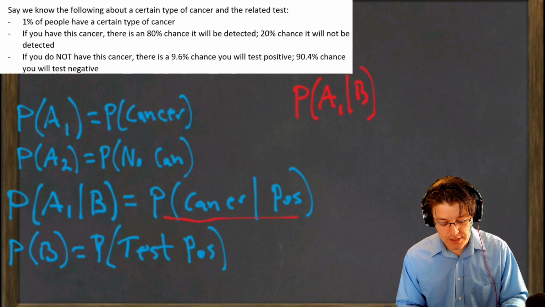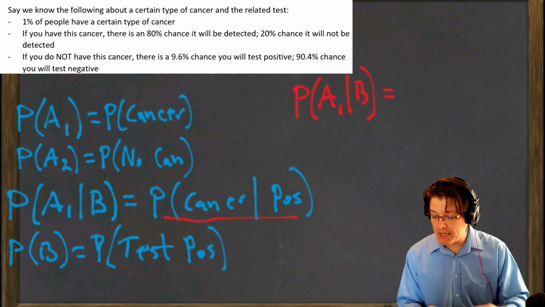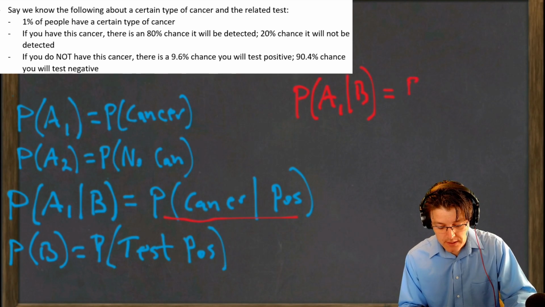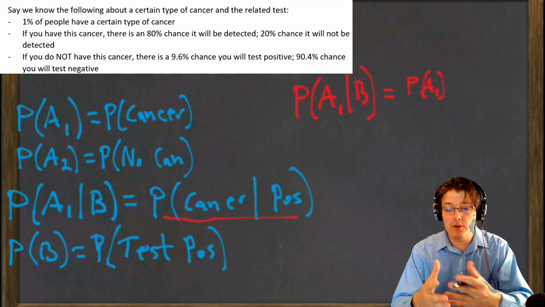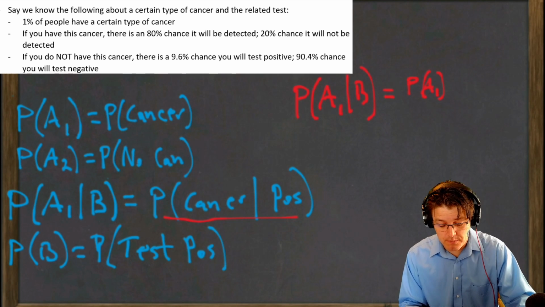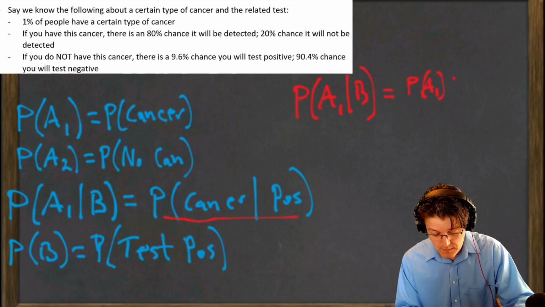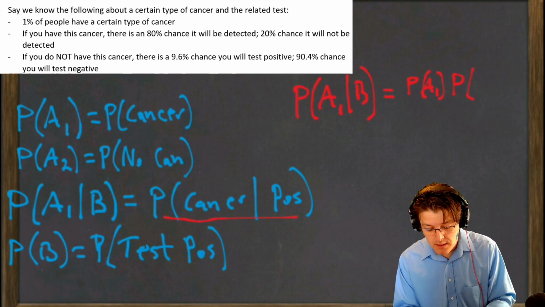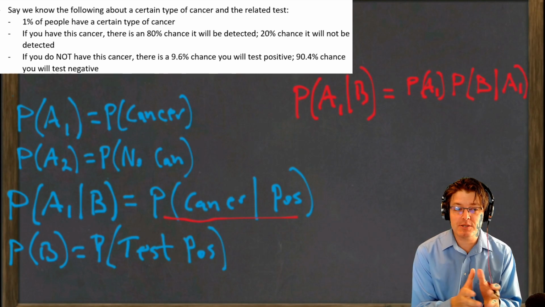Okay, so it turns out, and we'll talk about some of why this is the case, that is equivalent to the probability of A1, the probability that randomly you had cancer, or your prior probability, right? So the probability that any person had the cancer, times the probability of B given A1. Okay, this is not the same as what we're looking for, right?